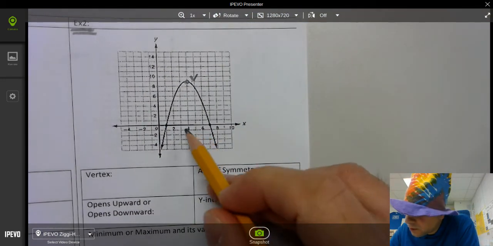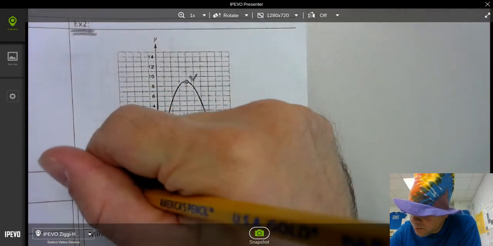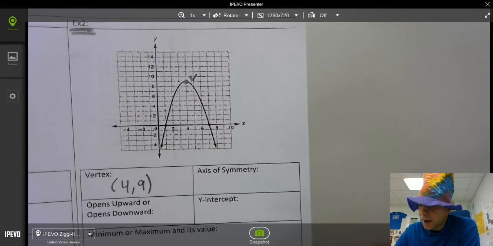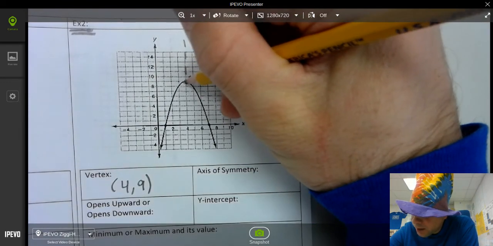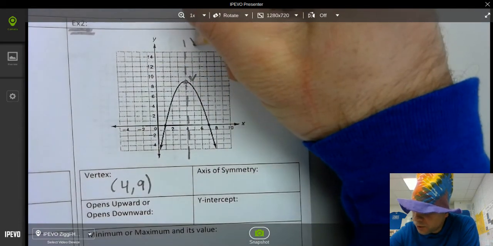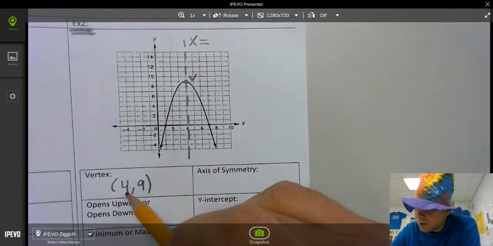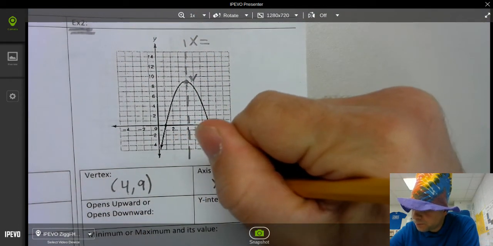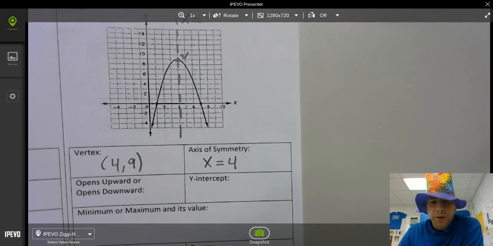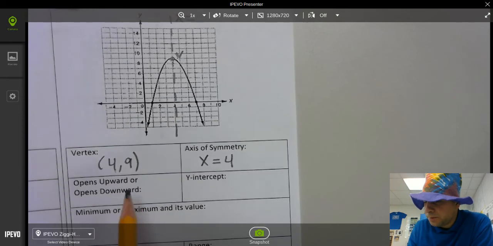So the vertex is 4, 9. So again, the axis of symmetry cuts the parabola in half, and you find that by finding the vertex. So in this case, it's x equals the h value, which is 4. It opens downward.